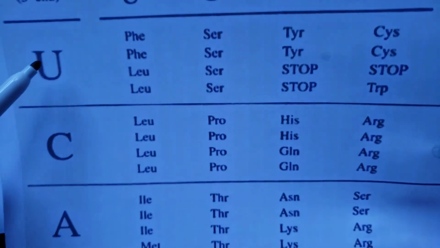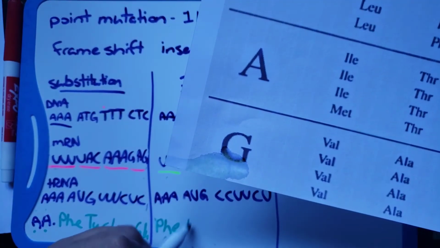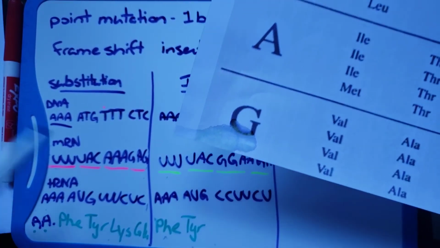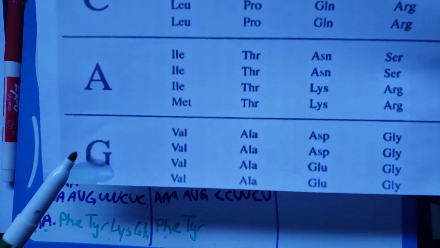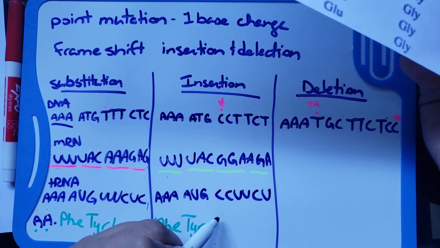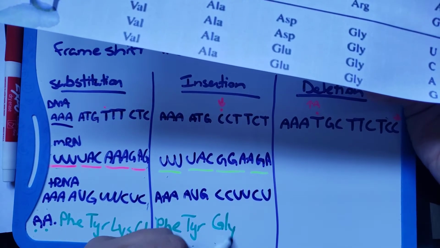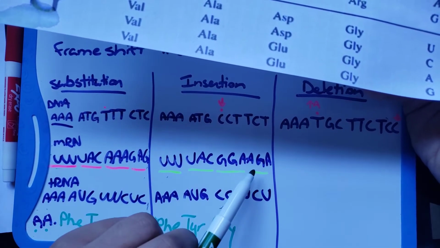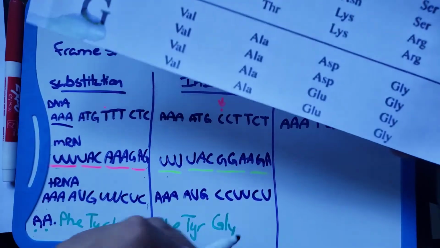UAC, U with the A with a C, that has not changed. Thymine. Now we have a GGA, G with a G with an A. It's a gly. And then we have an AGA, A with a G with an A.